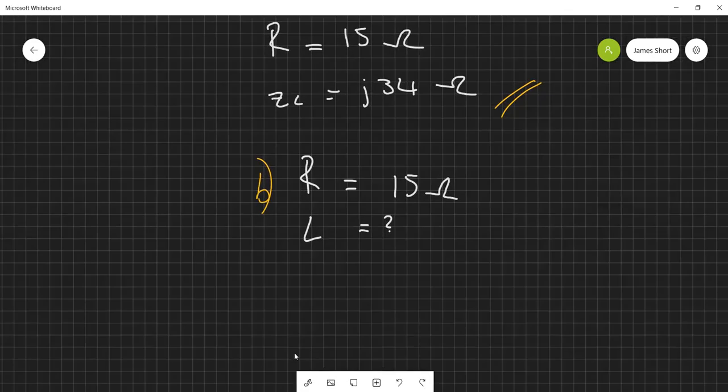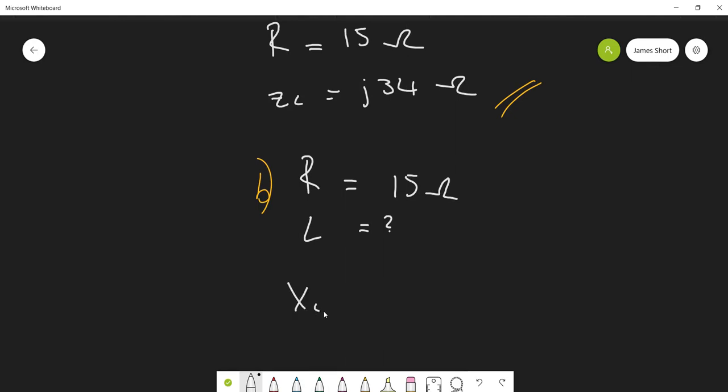Well, we have XL, which is J34, and that is equal to 2 pi FL. Sorry, that's ZL. ZL is equal to JXL, remember? So XL is 34. And then we got 2 pi FL.